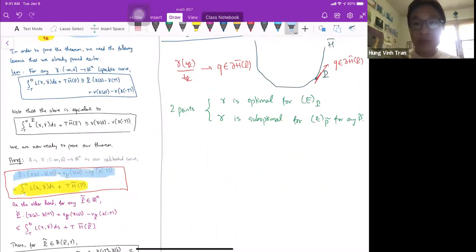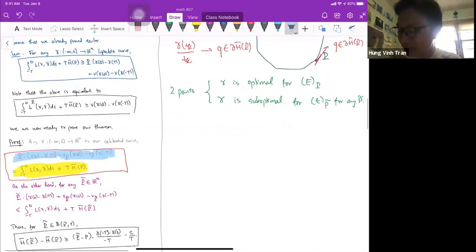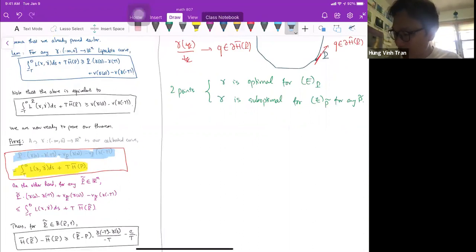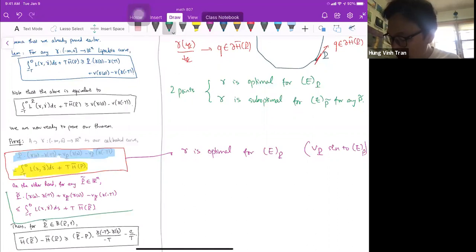And then the suboptimality is exactly what we have been using in nearly every class, I guess. So gamma is optimal for EP, again, v_p is a solution to EP. And then the other part here is that we are using the fact that it's suboptimal for other p tilde.